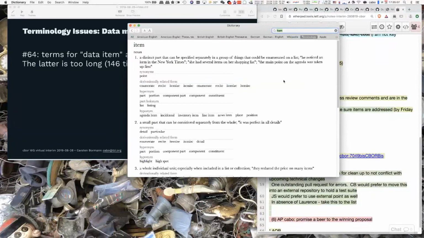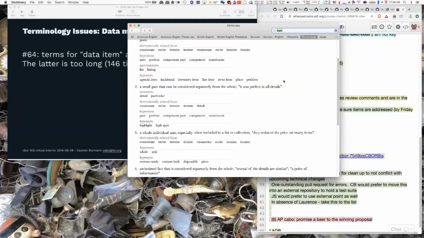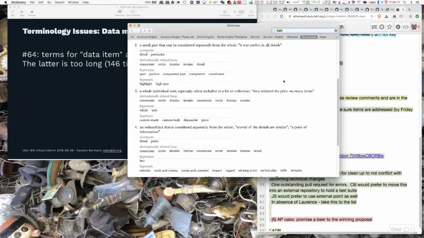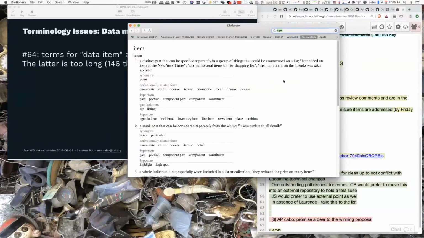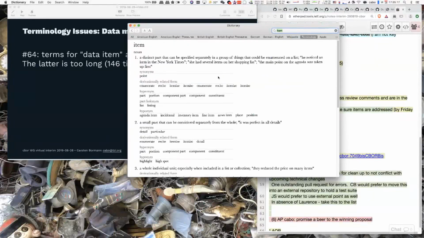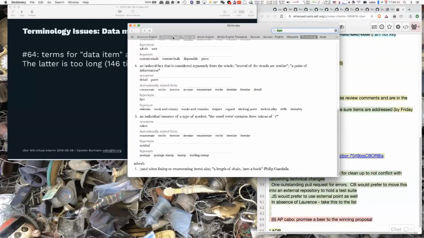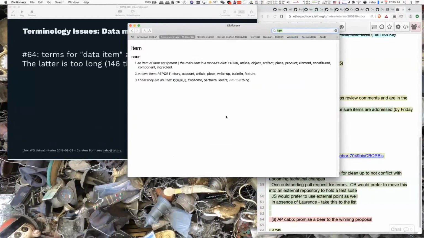Thing. That's not so useful. Yeah, object is taken, element is taken. Yeah, okay, maybe we can't avoid a 3-letter acronym.